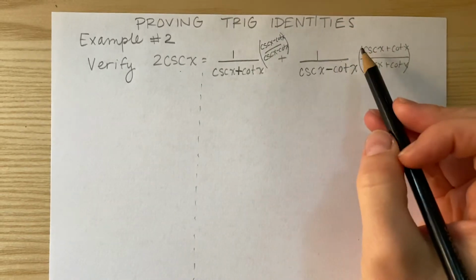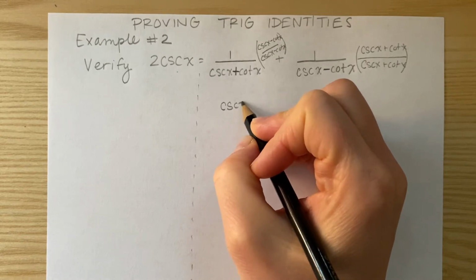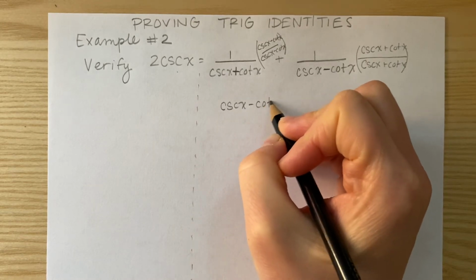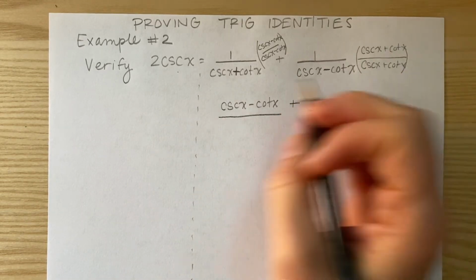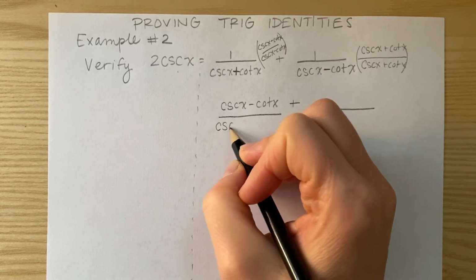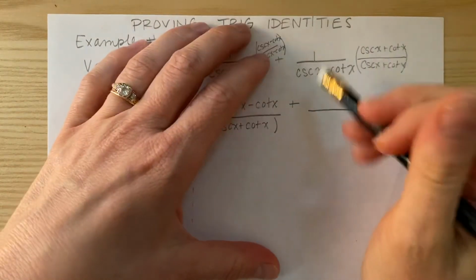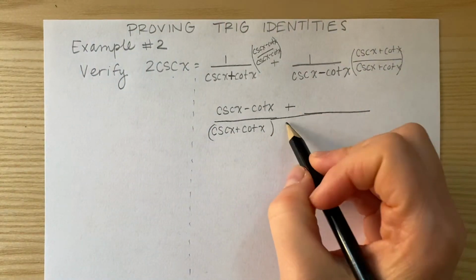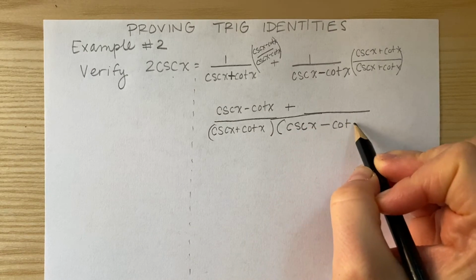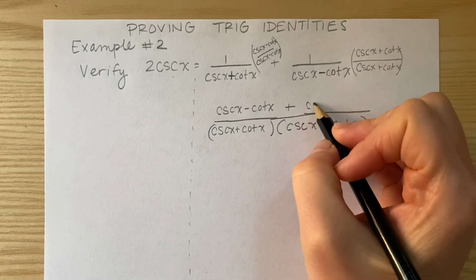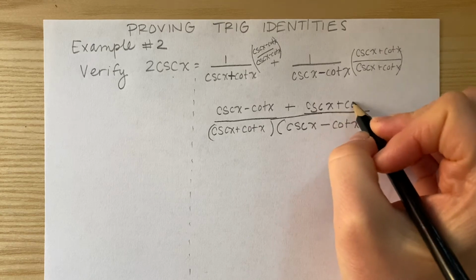And when I multiply that out, what I get is cosecant x minus cotangent x plus, and this is all cosecant x plus cotangent x. Actually, I'm going to write it like this. Minus cosecant x minus cotangent x. And then here, cosecant x plus cotangent x.